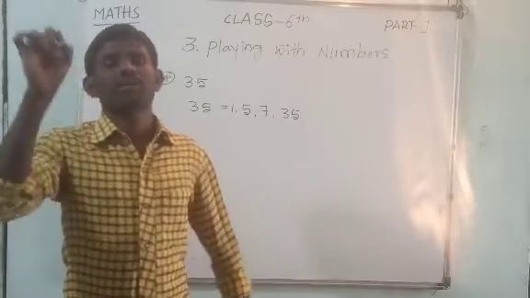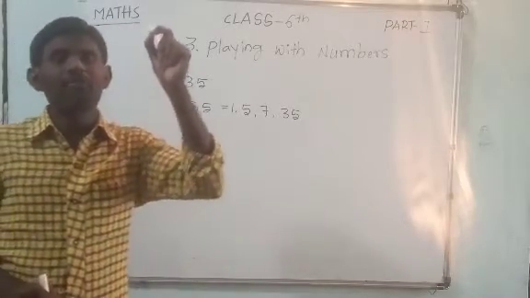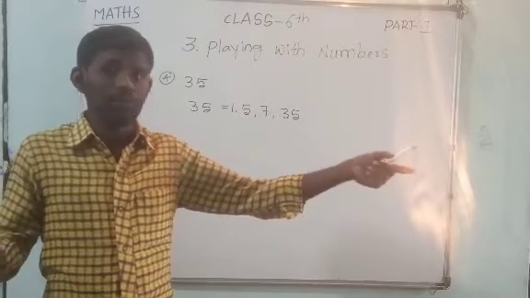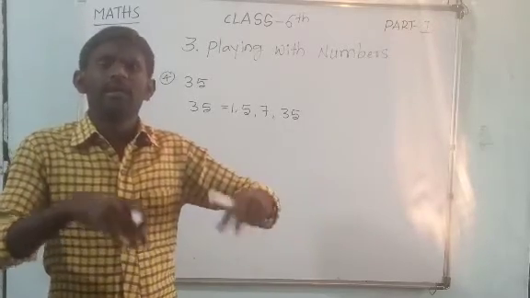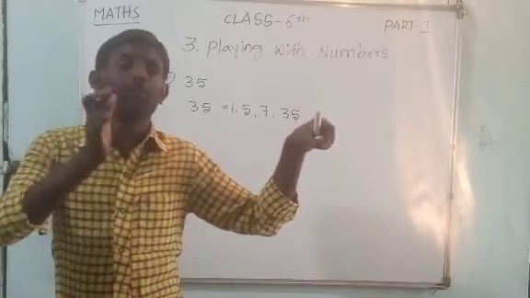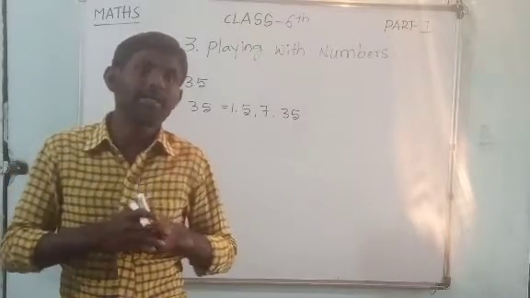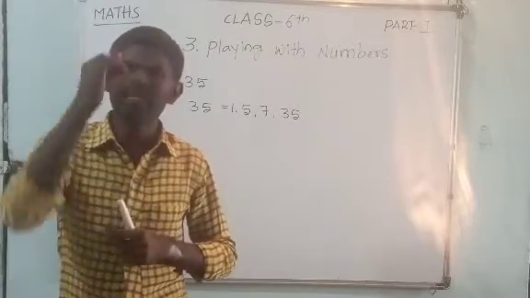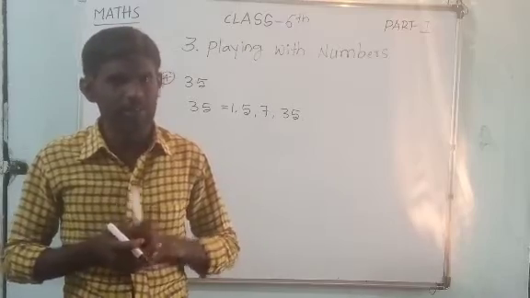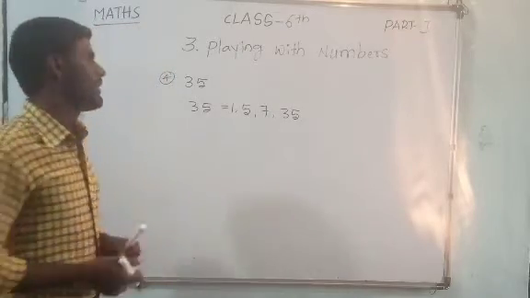They can give questions like, write the factors for this number, where we don't know the number. You should remember what factors means: any number which can divide the given number. That's very important.